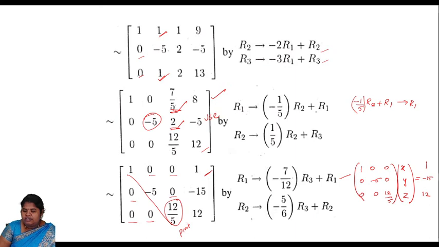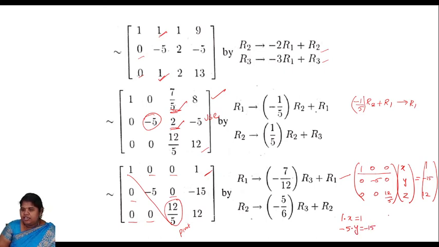So without back substitution, we can directly write. So 1 into x is equal to 1 from the first row. Since second and third terms are 0, 1 into x is equal to 1. Again, from row 2, minus 5 into y equal to minus 15.